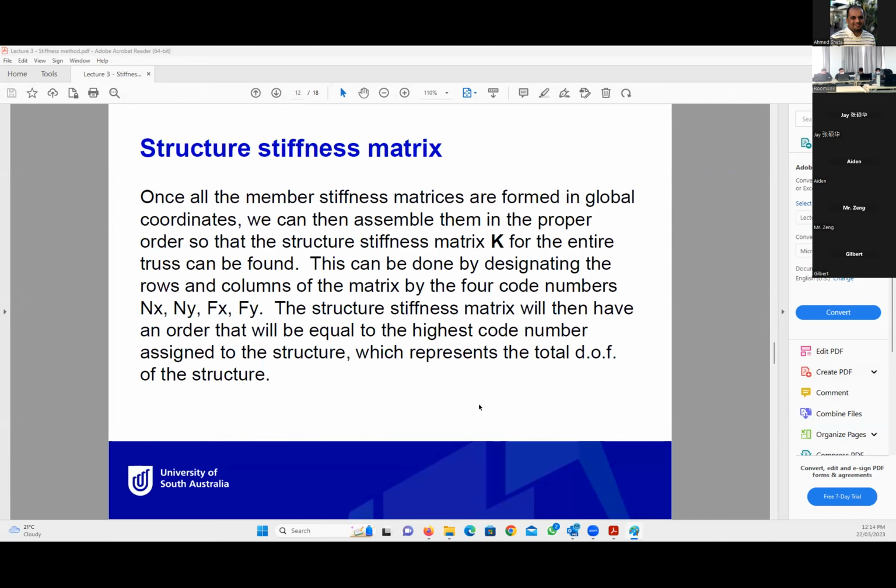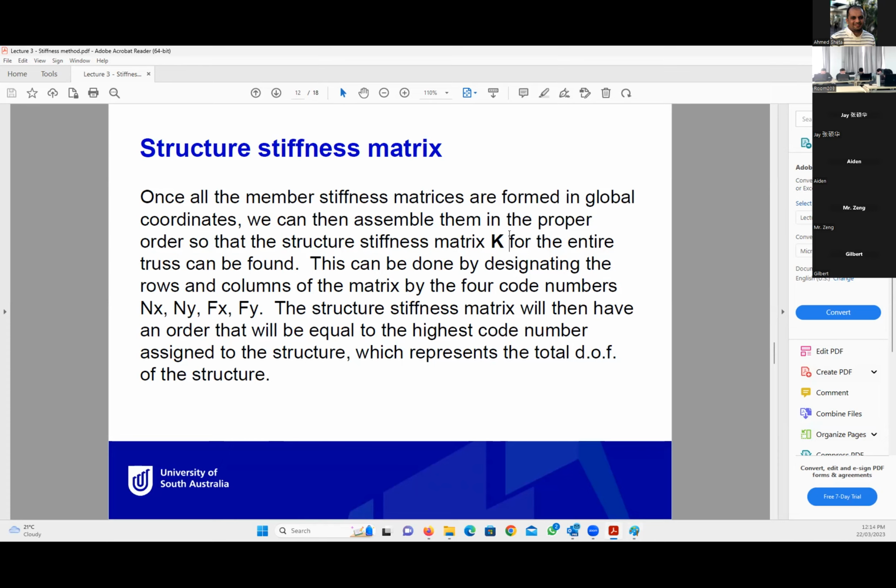For the structure stiffness matrix, once all the member stiffness matrices are formed in global coordinates, we can assemble them in the proper order. K capital is the global stiffness matrix for the whole structure together, while K small is the global stiffness matrix for each member.